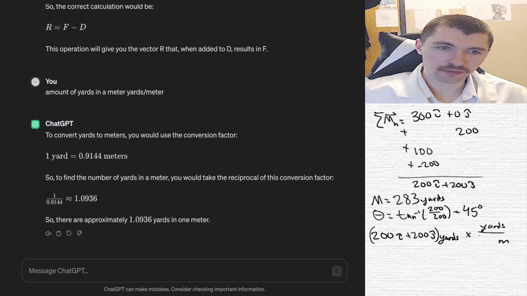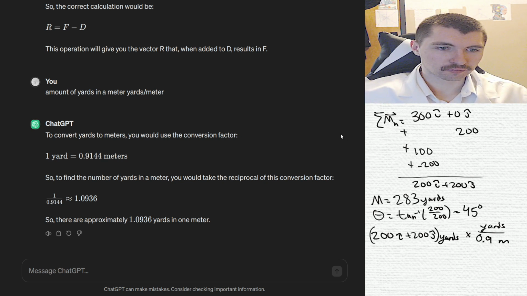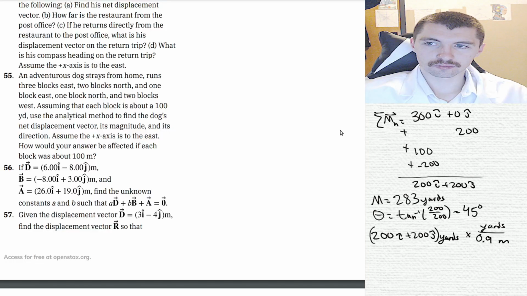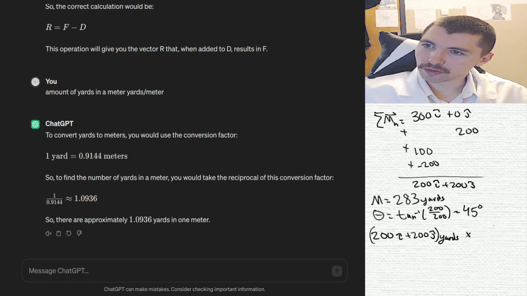So we have 0.9 meters per yard. So, nope, this would not be right. We want yards to cancel out. So we want meters on top, yards on bottom.